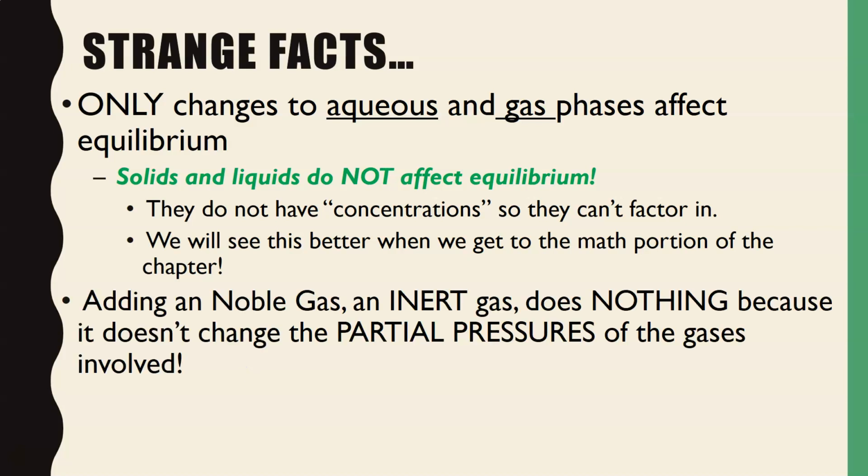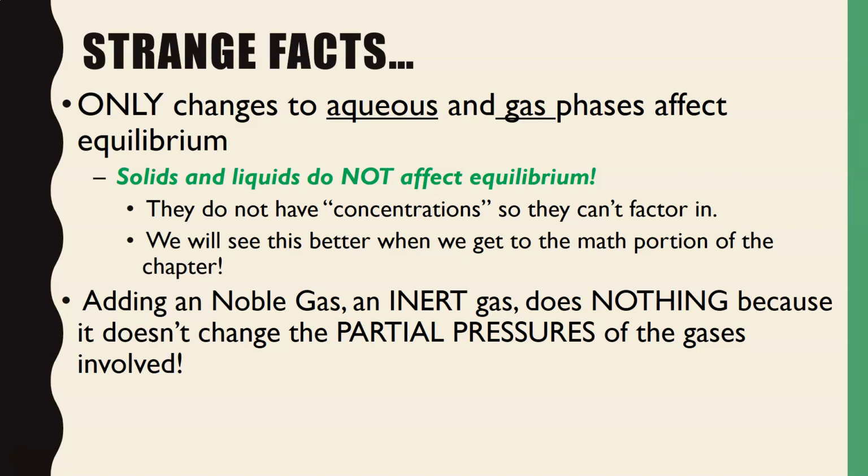So if you ever add a noble gas, it's an inert gas, it doesn't participate, it's not part of the chemical equation. Even though the overall pressure will increase, the partial pressures of the gases that are participating don't change. So that effectively means their concentrations are not going to change. And if that's not changing, we're not going to need to find a new equilibrium ratio.